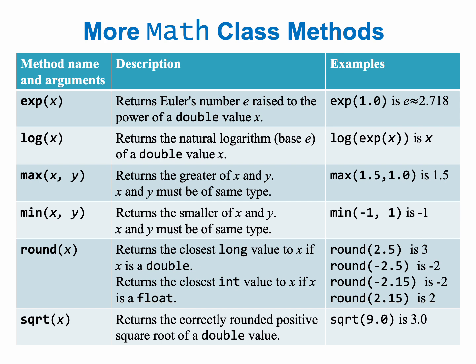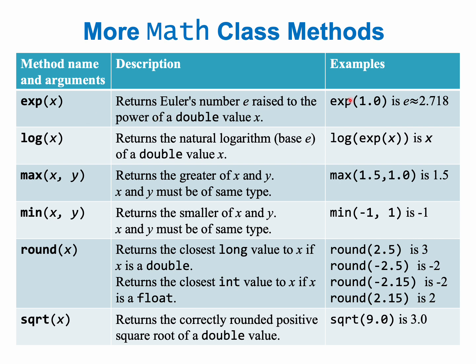Here are a few other methods in the Math class. Method exp, which is short for exponent, takes one double value x as argument and returns the Euler's number e raised to the power of x.